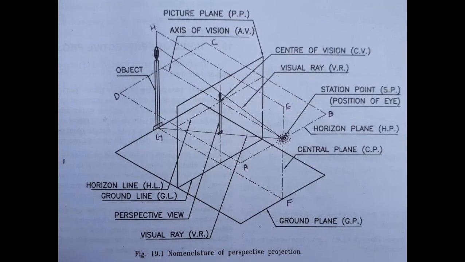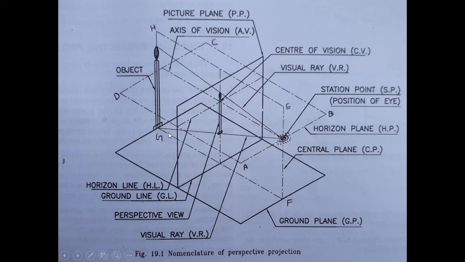Now in this diagram you can see another view of the different planes. This is the station point, and the plane ABCD is the horizon plane, a plane which is parallel to the ground plane. The ground plane is the plane on which the object is placed.